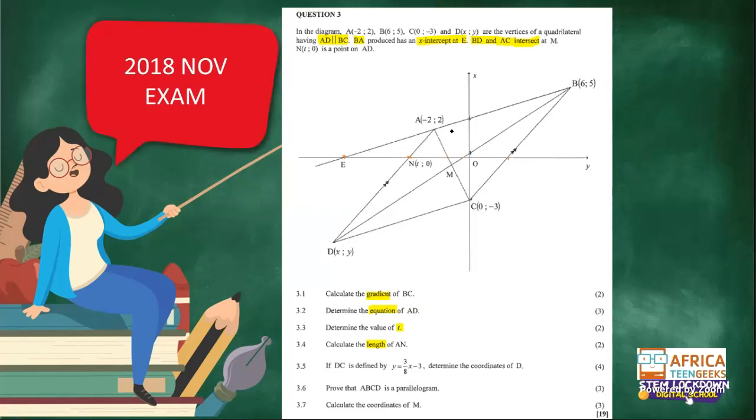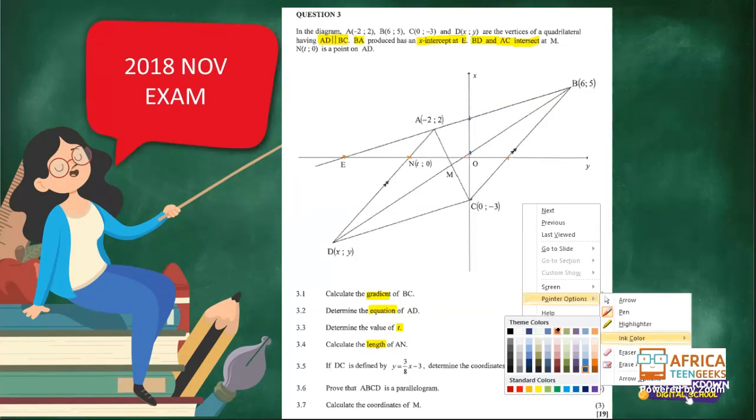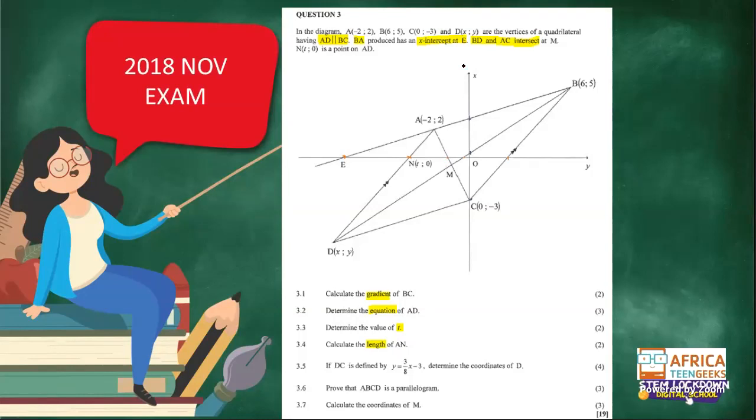So we identified our x-intercepts, we know our y-intercepts, and we also know that BD intersects AC at this point.